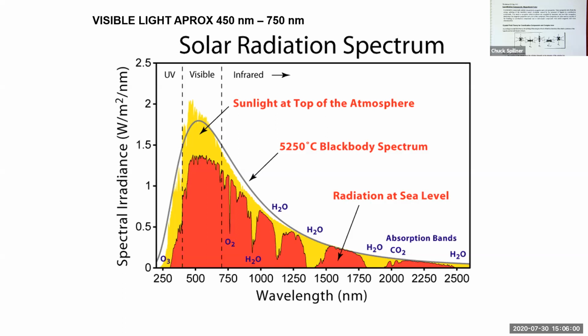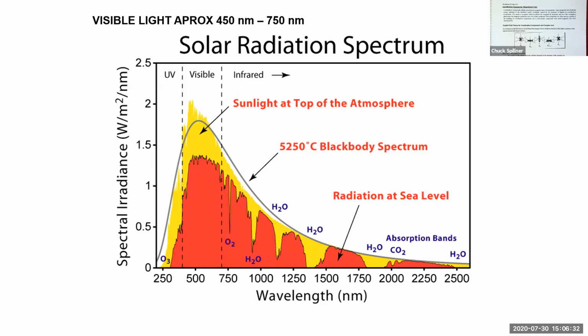So that's how we designate visible light. We can see objects that interact with visible light. And then beyond visible light, at longer wavelengths, is infrared light, which is commonly referred to as heat. And then as you go on, you get into longer wavelengths like radio waves and such, but those don't come from the sun. So this is just solar radiation.